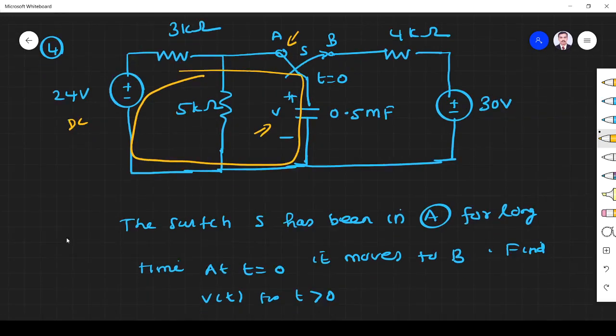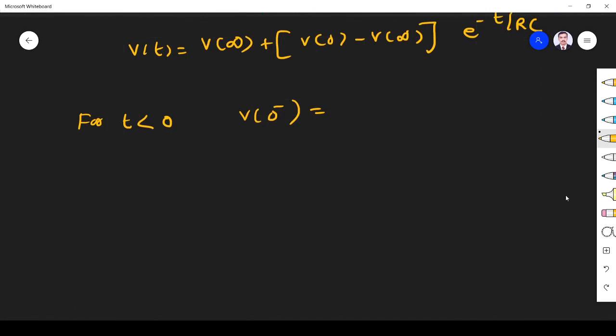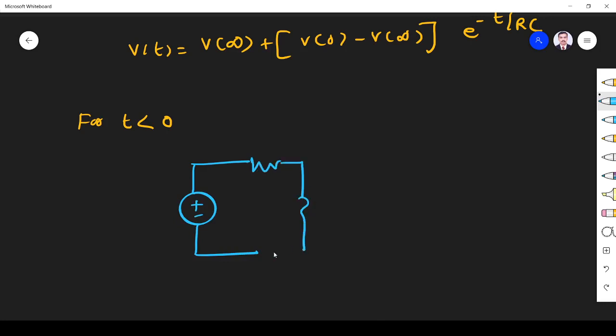Okay, redraw that. For t less than 0, how will the circuit appear? The circuit will appear like this. The switch is in position A. This is position A, 3K, 5K, 3K, 5K. The capacitor is open, right? So I want to find VC.